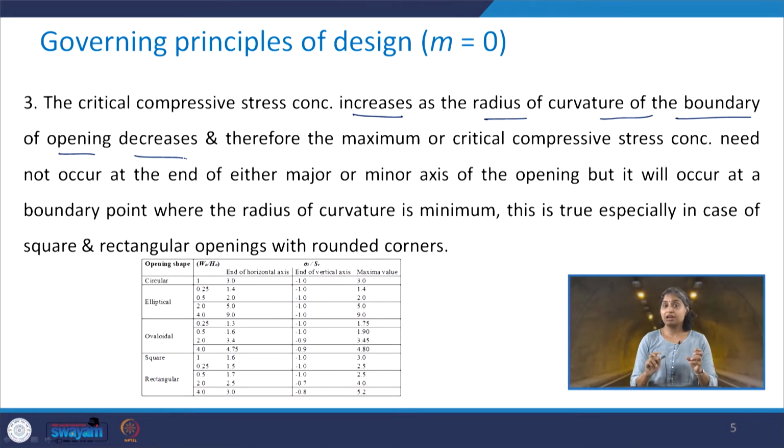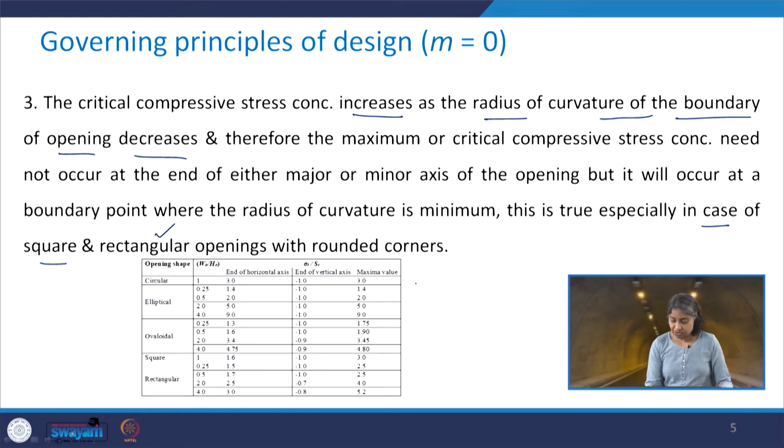That is where the minimum radius of curvature is there, you will have the maximum stress concentration. And this is very striking, especially in case of the square or the rectangular openings with rounded corners.